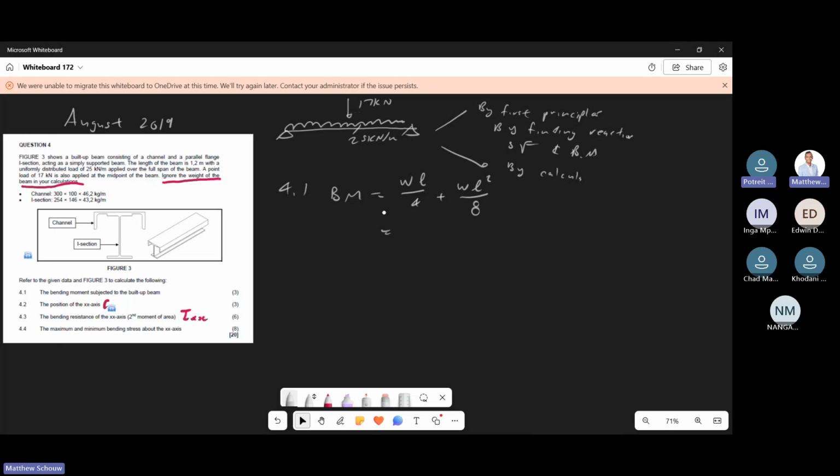So all we do is plug in those values. That's 17, and our length is 1.2, divided by 4. Then we've got 25 times L squared, that's 1.2 squared, divided by 8. And this equals what? You can just get that value.